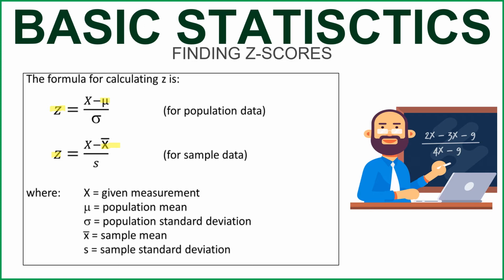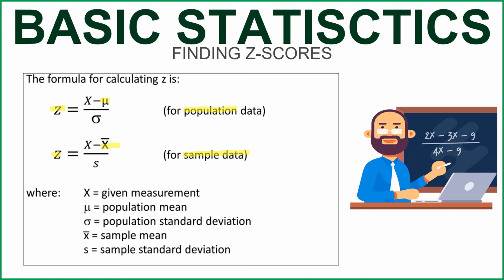Yung pinagkaiba nga lang nila is yung mu is for population data, while x bar is for sample data. So, kapag given ay population data, dito tayo sa unang formula. Pag given is sample data, sa pangalawang formula tayo.